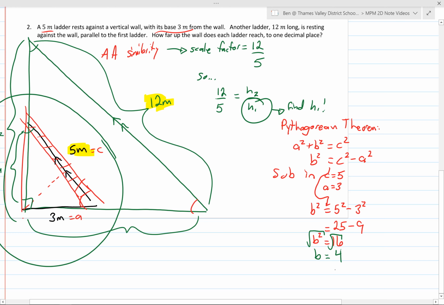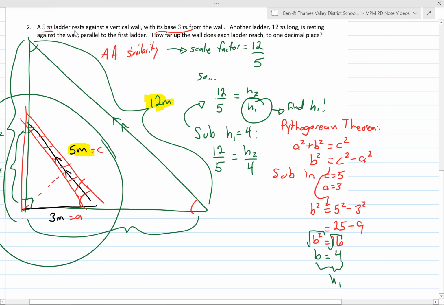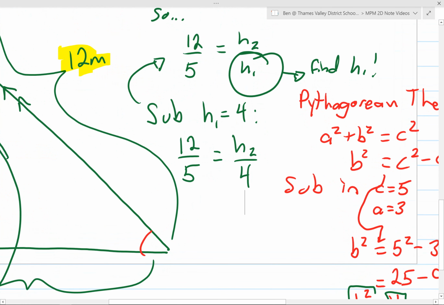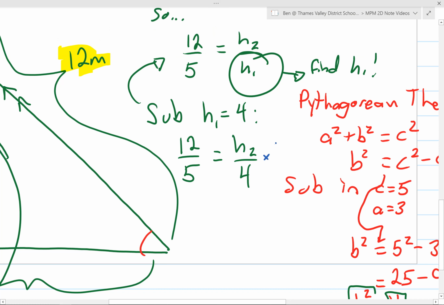So this H1, remember, b was my H1. So I can substitute H1 equals 4 into this equation up here. So I'm working with 12 divided by 5 equals H2 divided by 4, and then I can isolate for my H2 by multiplying both sides by 4, right?